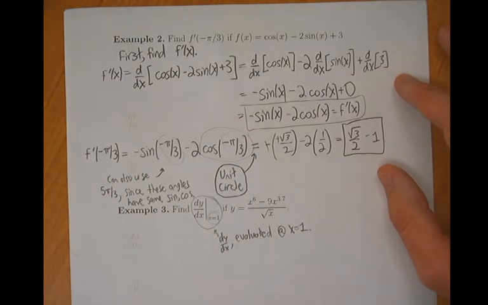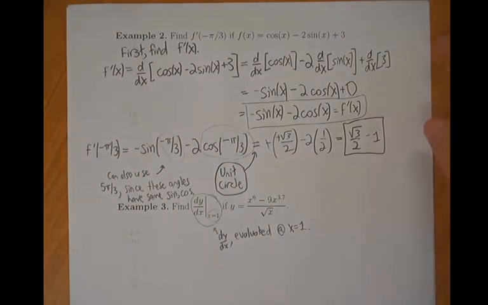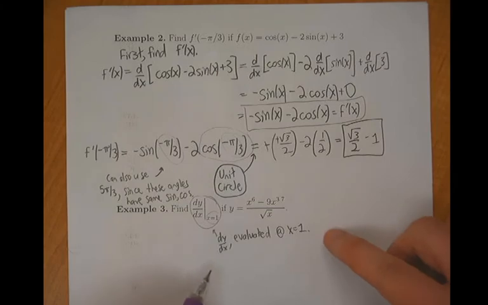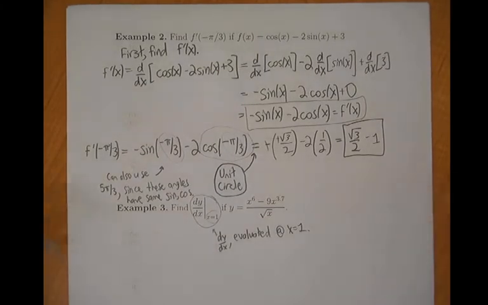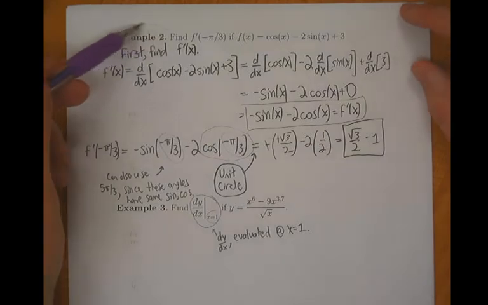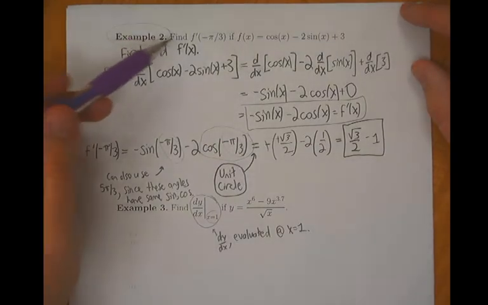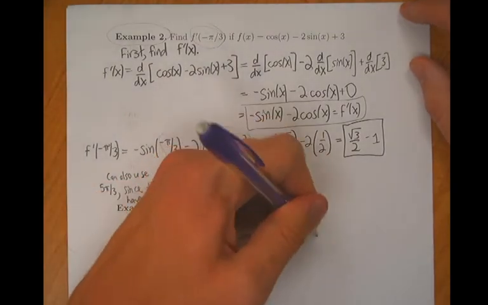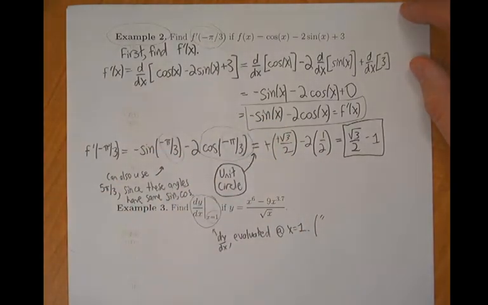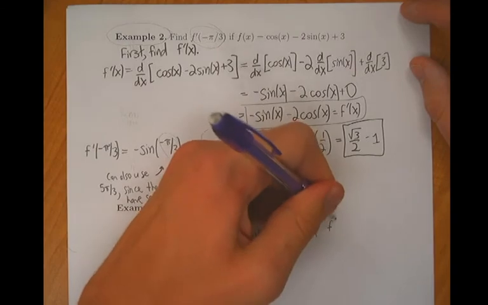Okay? So essentially that's just different notation, but the same process as example 2. In this case, you could sort of put it in air quotes: this is like the f prime of 1 here.